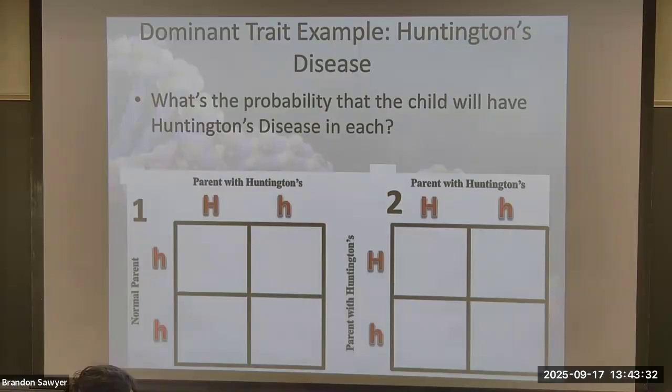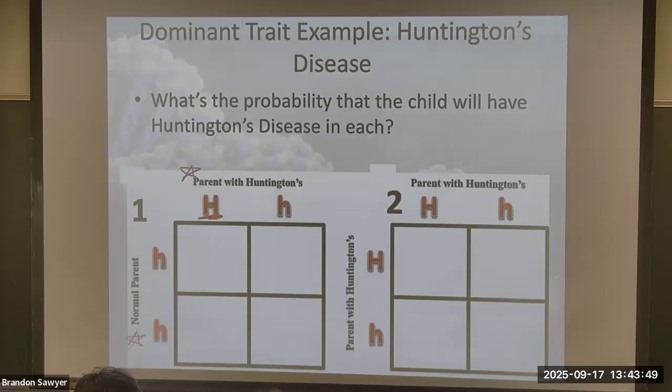So it's a dominant trait, right? Meaning that you only need one of the capital letters to express it. So this is two different examples here, right? The first example is one of the parents has Huntington's disease.